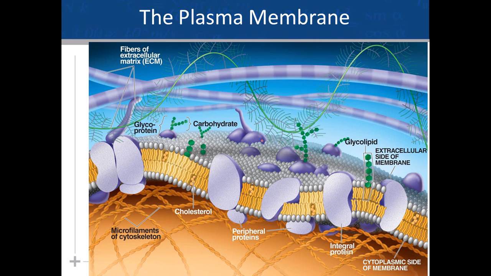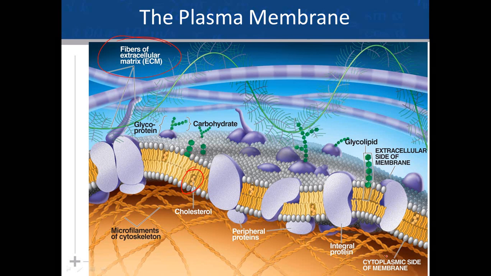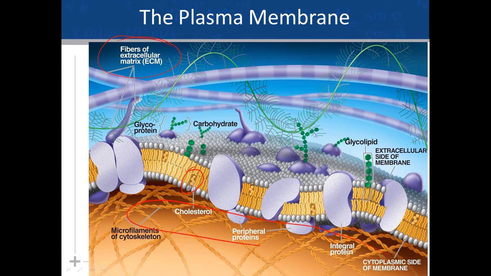And the reason for that is that out here we have the extracellular matrix, and the extracellular matrix is found only in animal cells. In addition to that, we have cholesterol. Again, cholesterol is only found in the membrane of animal cells. We can see down here the anchoring of the cytoskeleton, and here are different kinds of proteins inserted in the membrane.